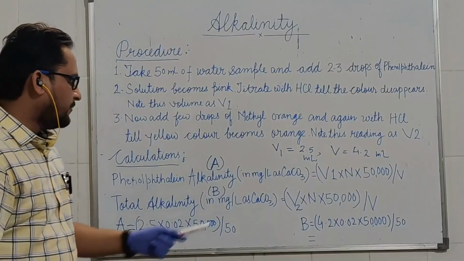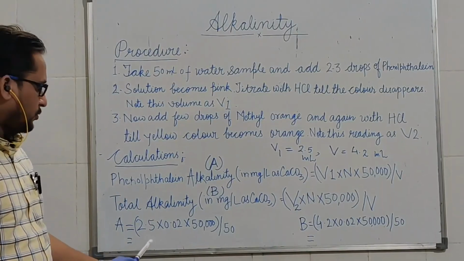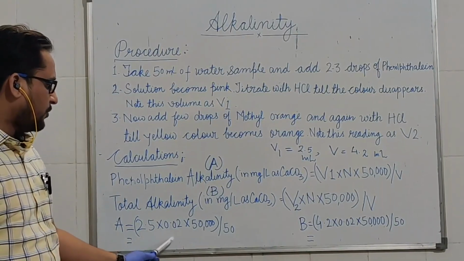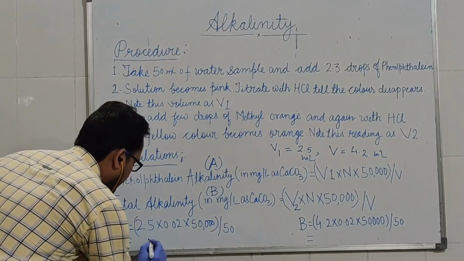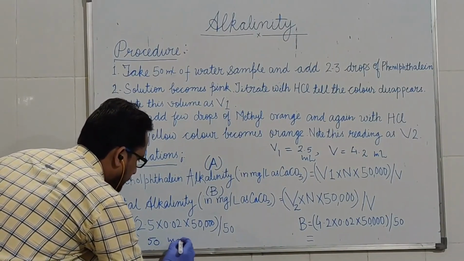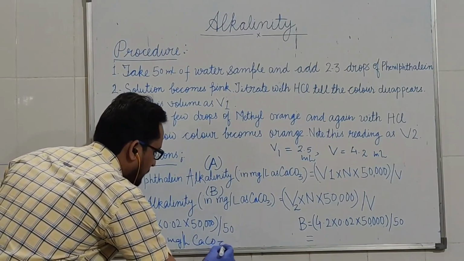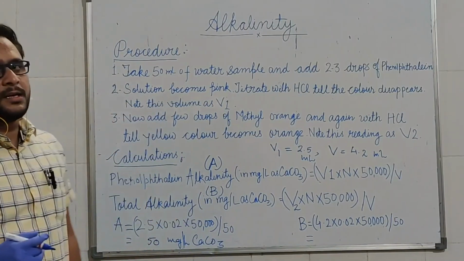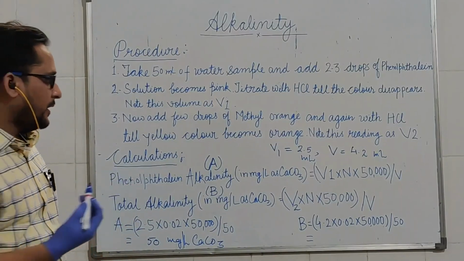So applying the formula and putting these values, phenolphthalein alkalinity is equal to 2.5 multiplied by 0.02 into 50,000 divided by 50, we get 50 milligrams per liter of CaCO3. The phenolphthalein alkalinity of the given sample is 50 milligrams per liter CaCO3 equivalent.